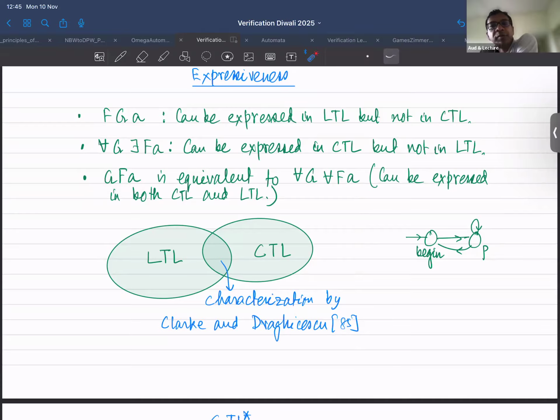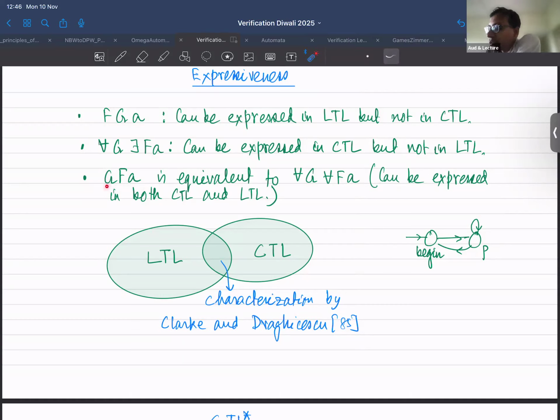Why do I say that GFA is a Büchi property? Because at any point we want to eventually come back to the good state, so globally eventually. And FGA is like a co-Büchi property. Why is that? Because after a point we don't want to go to any non-good state. We want to stay in the good state.